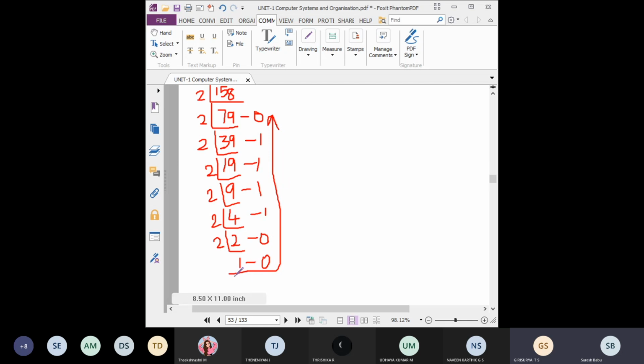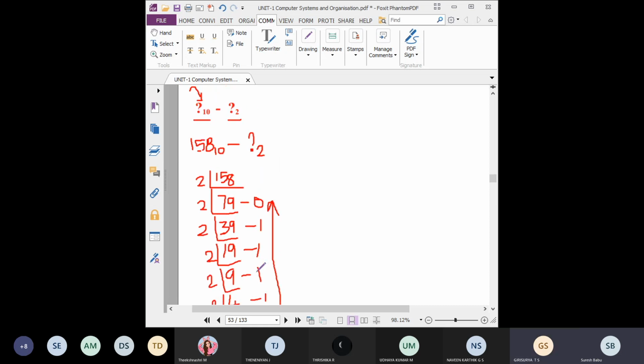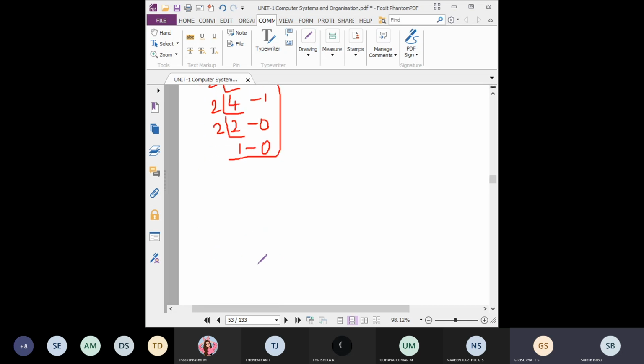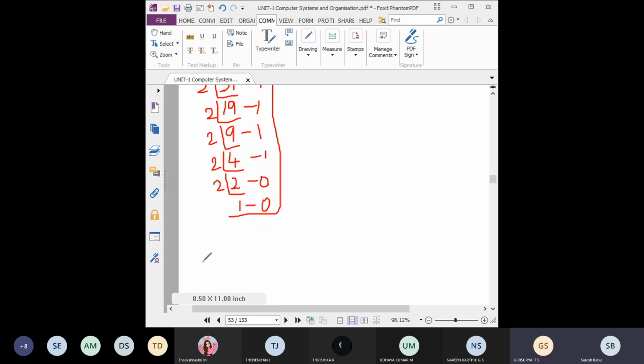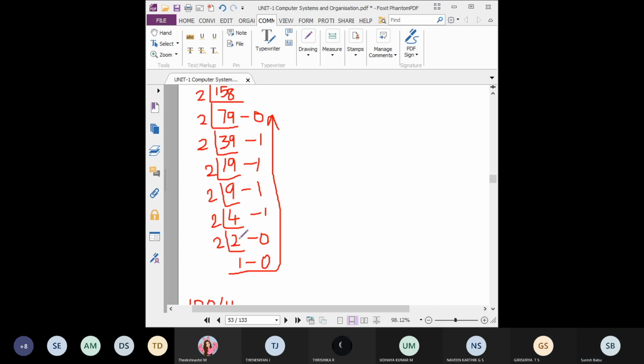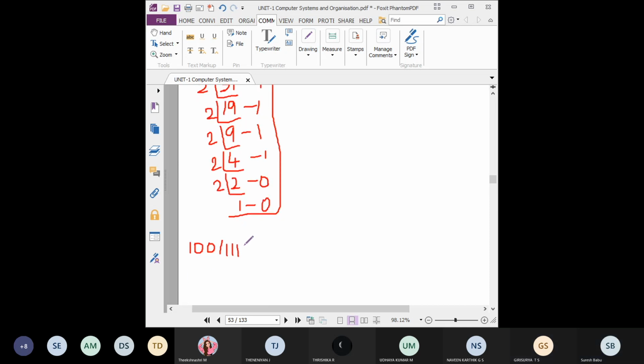Start from this bottom value and write everything; that is our answer. Students understood? Okay, I will write this answer now: 1 0 0 1 1 1 1 0.